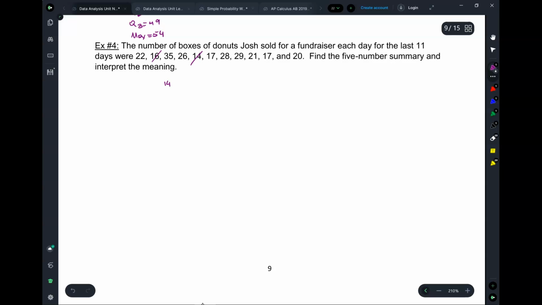And then I have a 16, 2 17s, 20, and then a 21, and then a 22, 26, and 35. And then you have to count, right? It's supposed to be 11.